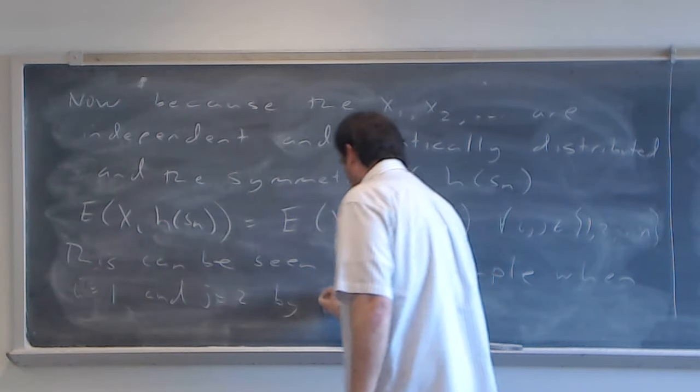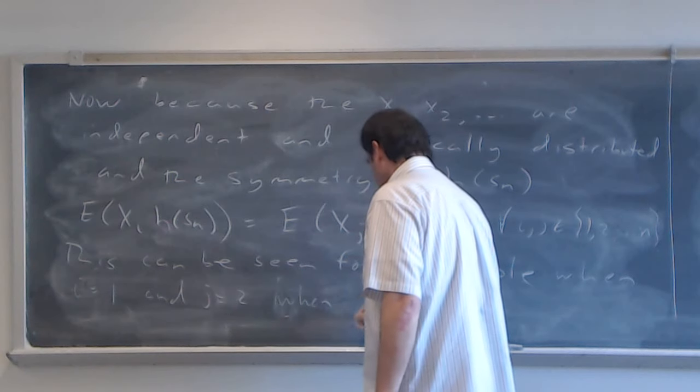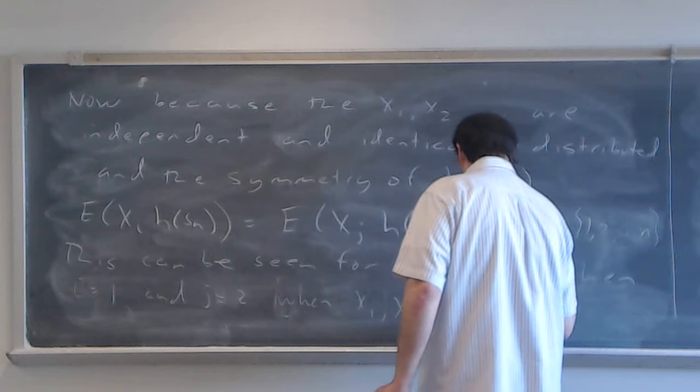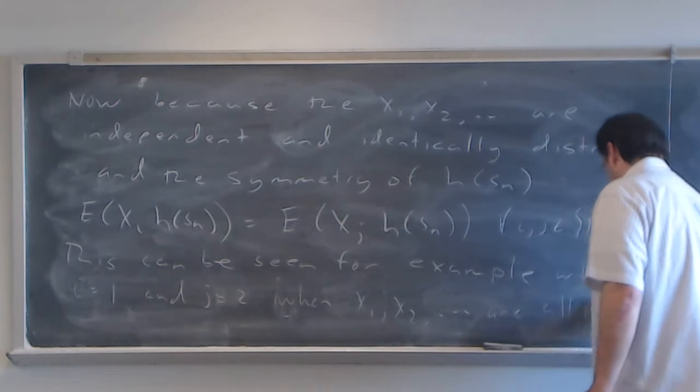So in my example, x1, x2, and so forth are all discrete random variables, so look at it in that case.